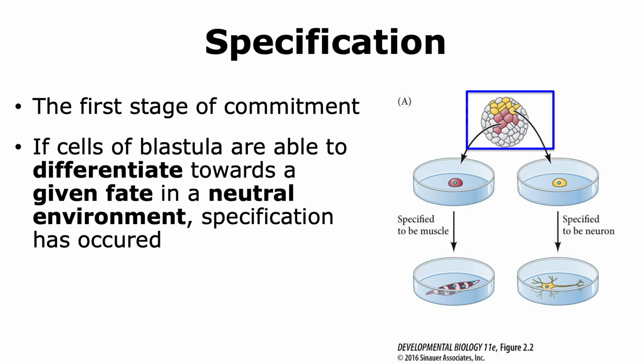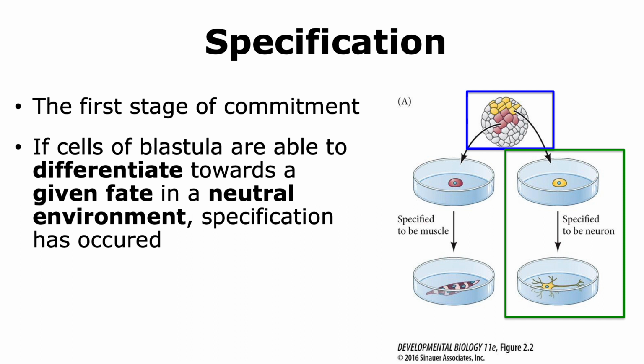So if we take one cell from the blastula that we know is going to be a muscle cell further on in development, we put it in a neutral environment and look at what happens to that cell. If that cell becomes a muscle cell, then we say that that cell has undergone specification.